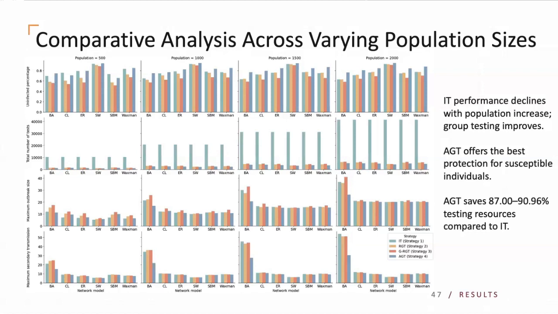Moreover, our method is always optimal in terms of saving testing resources and reducing secondary transmission throughout all simulations. It saves 87% to 90% of the testing resources compared to individual testing and achieves a 9% to 20% reduction compared to random group testing.